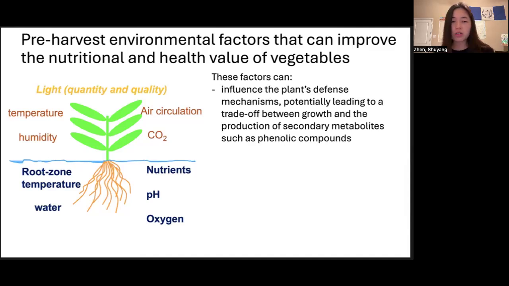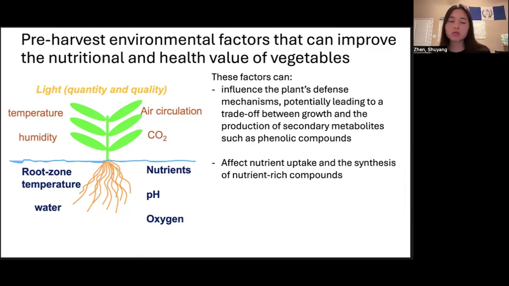Some of those factors can also influence the plant's defense mechanism, although oftentimes there's a trade-off between plant growth and yield and the production of secondary metabolites such as phenolic compounds that will help plants deal with the biotic and abiotic stressors.